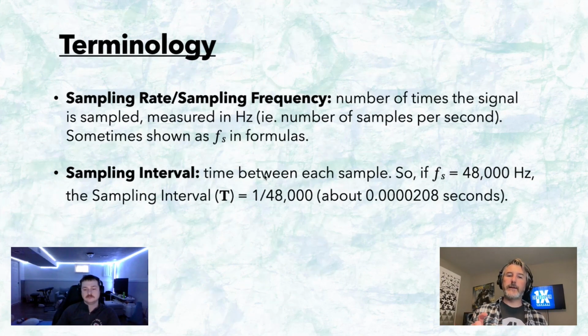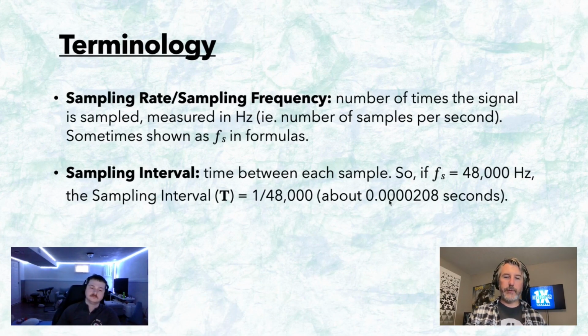The sampling interval and the sampling frequency are related. One determines the other, right? So if you have a sampling rate of 48,000 hertz, the sampling interval is 1/48,000.